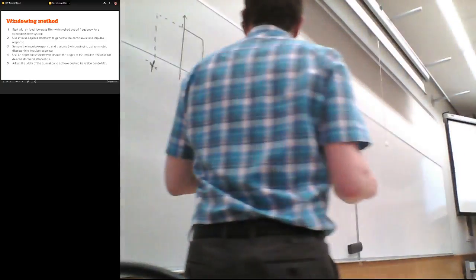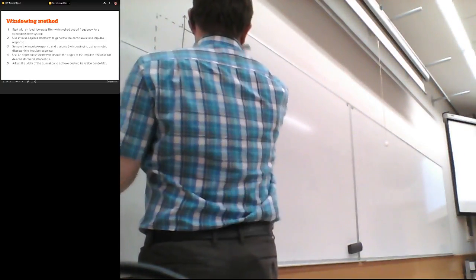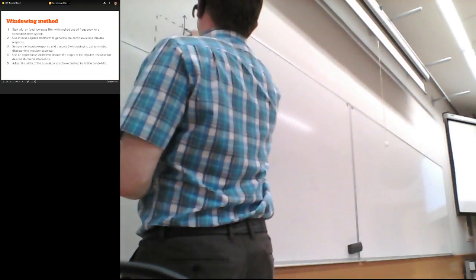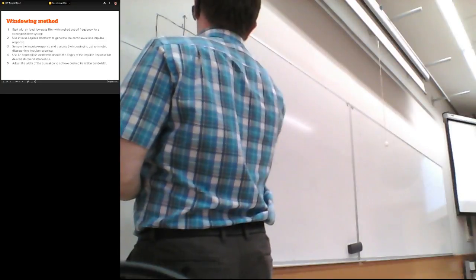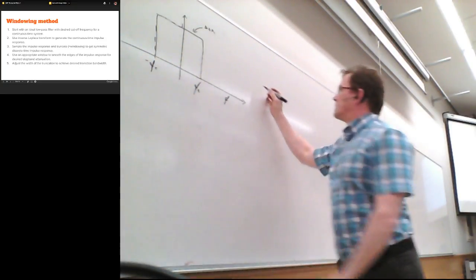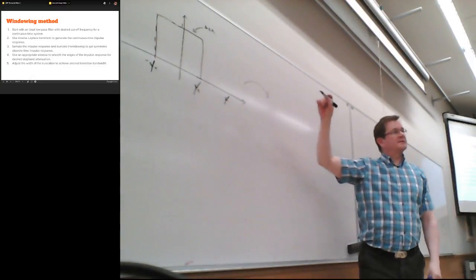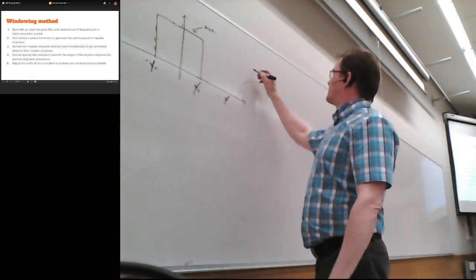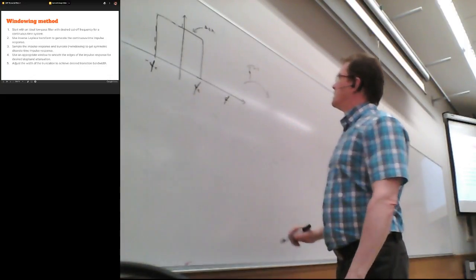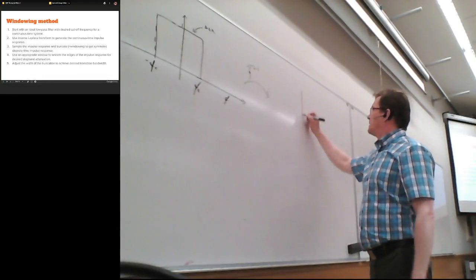Okay. Next, what we can do. So this is the frequency space where we have the box. We can always Fourier transform or inverse Fourier transform that one to get the impulse response.